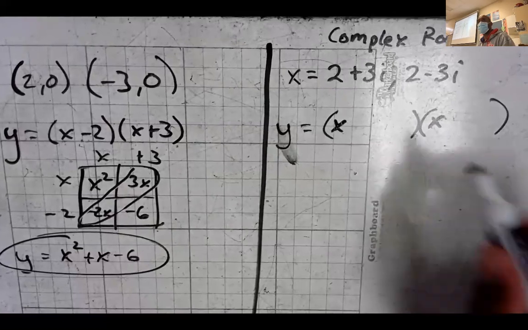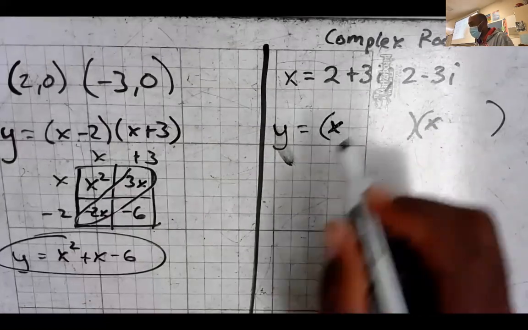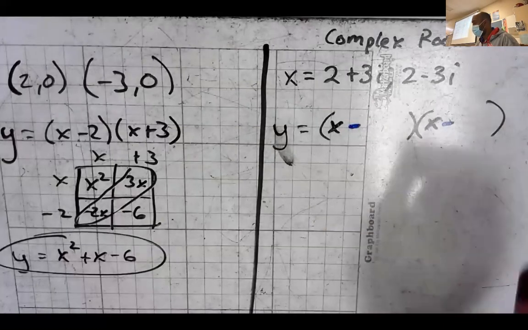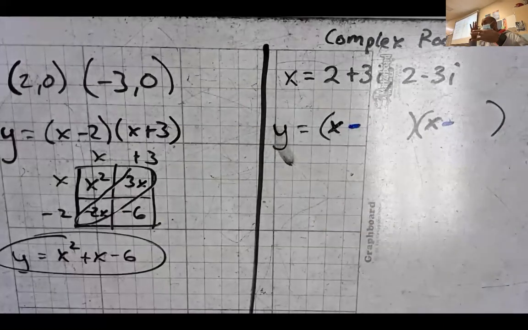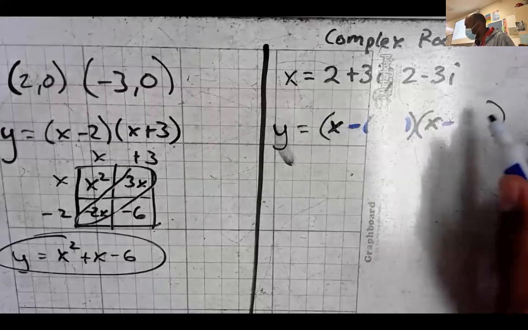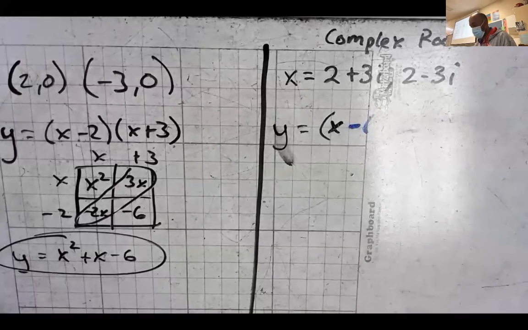All right, so first, in both of these, by the way, I'm going to do minus. So I'm not thinking about, okay, if it's positive 2, I put a negative, or if it's negative 3, I put a positive. You just put minus, okay? Actually, let me make this a little bigger.